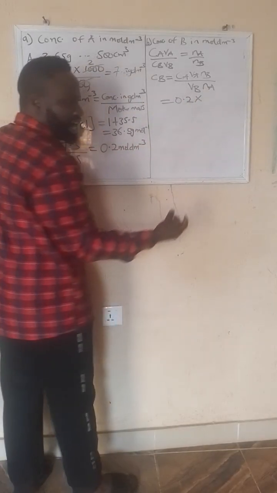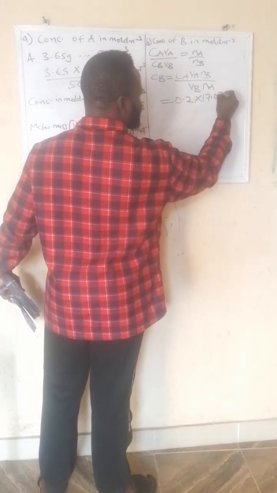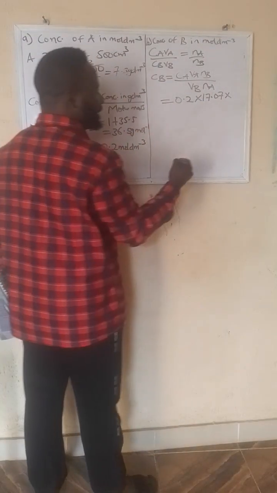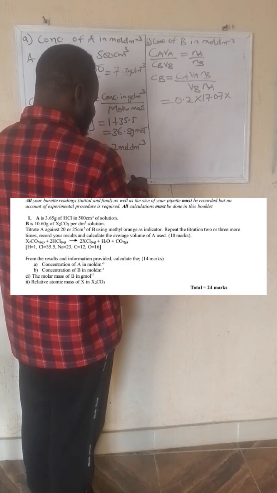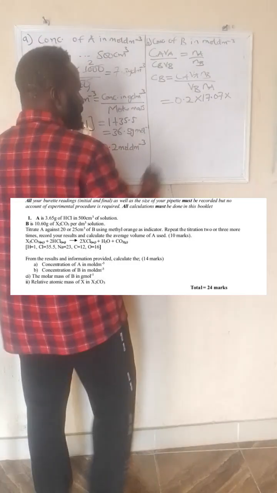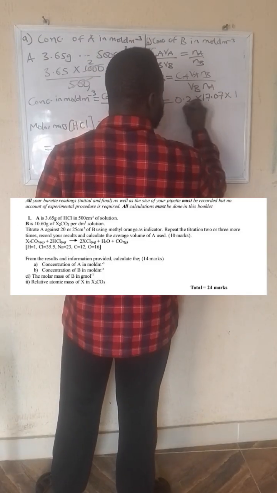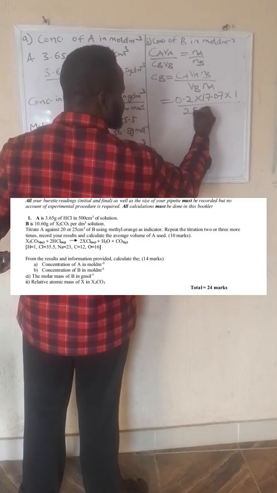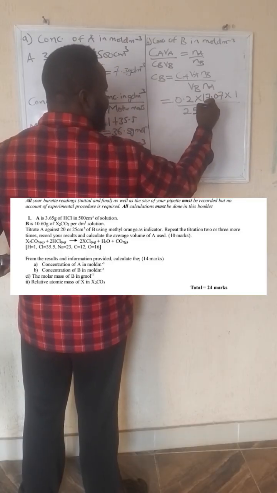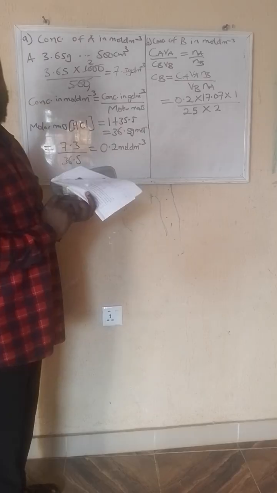My VA is my average volume of A used, which I got as 17.07. My NB, from the chemical equation, you will clearly see that it is 1 that is in front of B, because this X2CO3 has 1 there. And VB is my volume of pipette, which is 25 cm cube. Then multiplied by NA, you have 2 in front of HCl from the chemical equation.